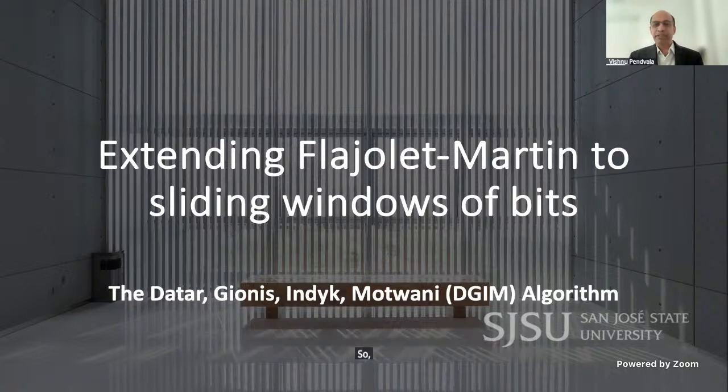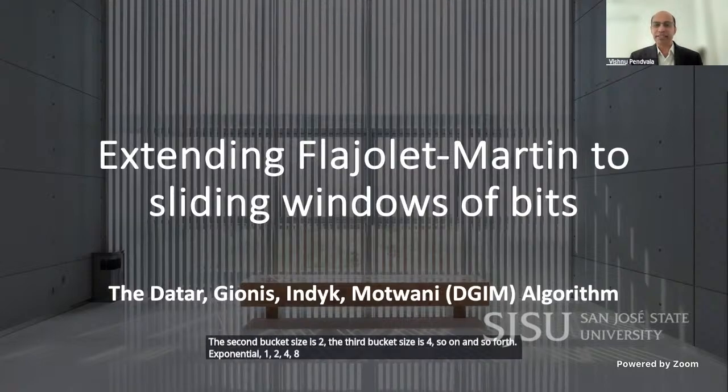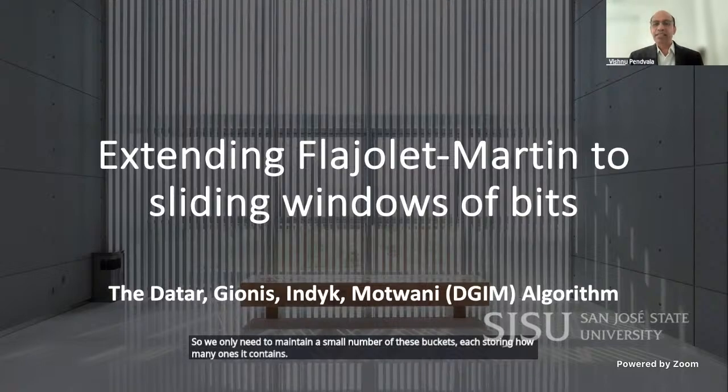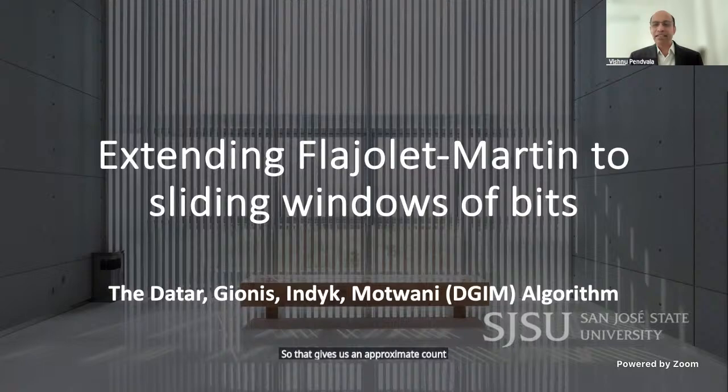So we have a stream of bits coming in, and we want to group them into buckets. The sizes of these buckets will grow exponentially, like the first bucket size is 1, the second bucket size is 2, the third bucket size is 4, and so on: 1, 2, 4, 8, 16, like that. So we only need to maintain a small number of these buckets, each storing how many ones it contains. That gives us an approximate count with very little memory.